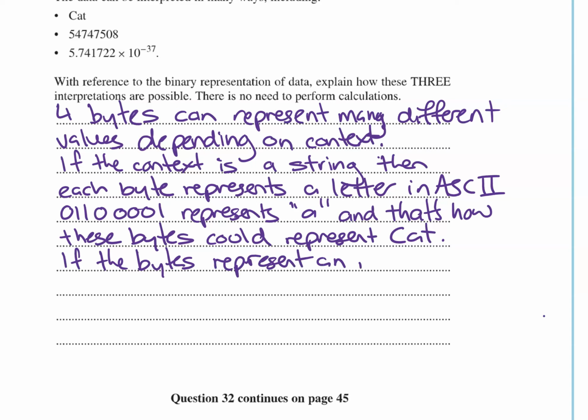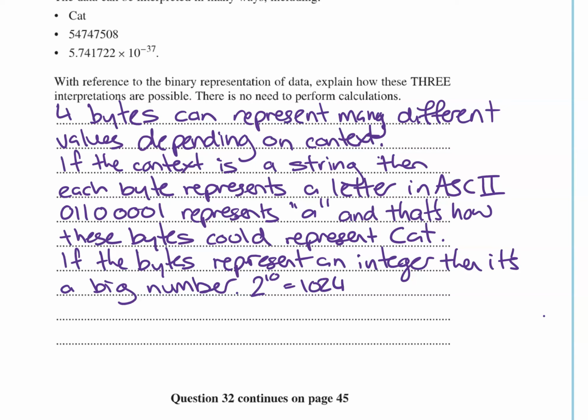If they represent an integer, then it's a big integer. We know that 2 to the 10 equals 1024. We've talked about that a lot.